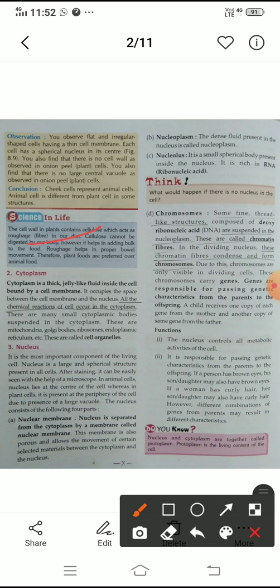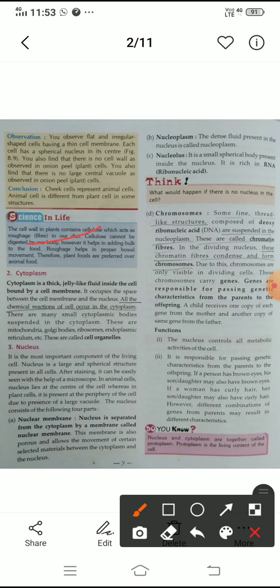You know very well roughage is an important part of our diet because it helps in digestion. Cellulose cannot be digested by our body. However, it helps in adding bulk to the food. Roughage helps in proper bowel movement, therefore plant foods are preferred over animal food.